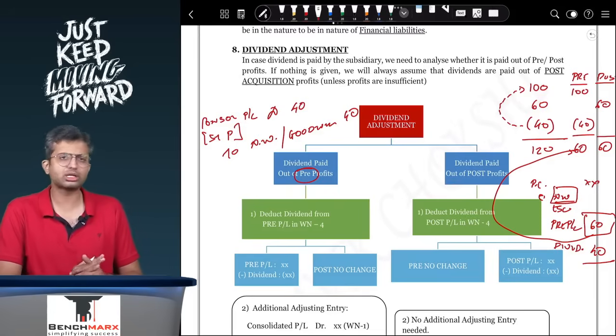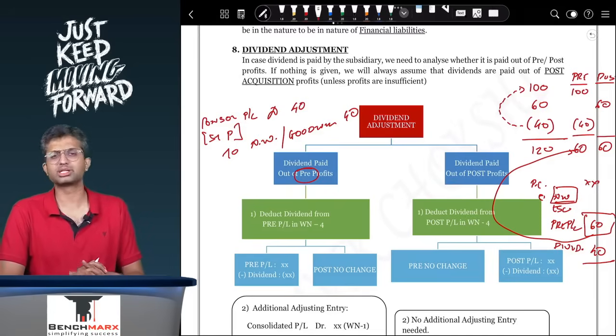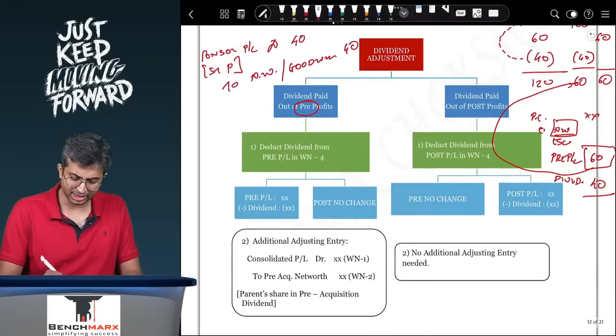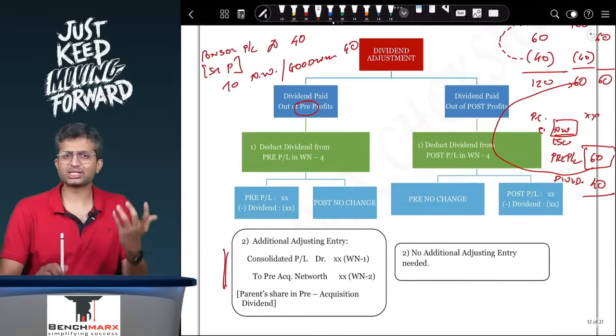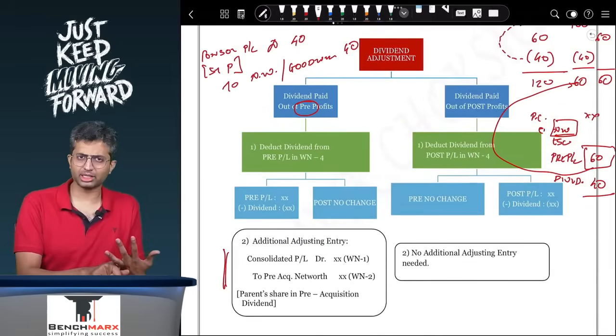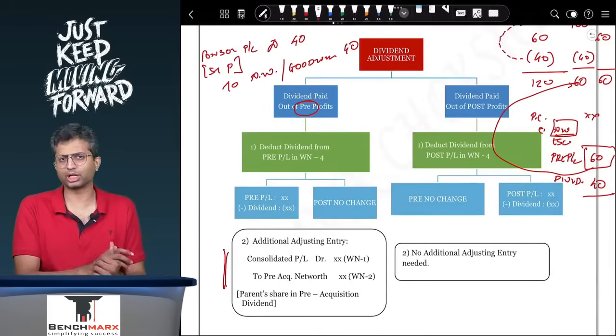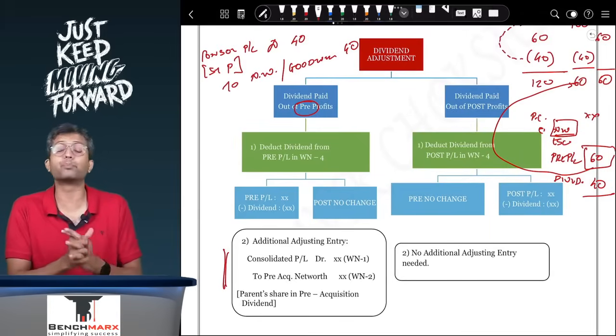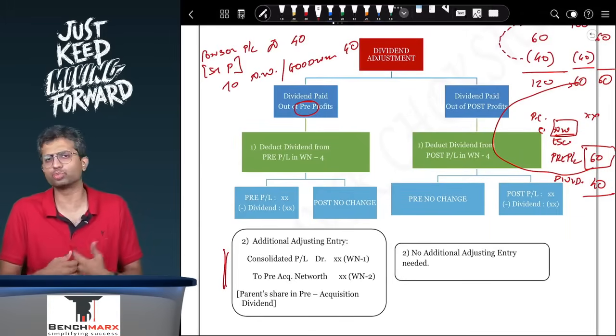So you will credit the goodwill workings, debit the standalone profits, and that's it. The logic for this is so that you can calculate the goodwill correctly by taking the share in the net worth correctly, and you can find the profits attributable to the group correctly.